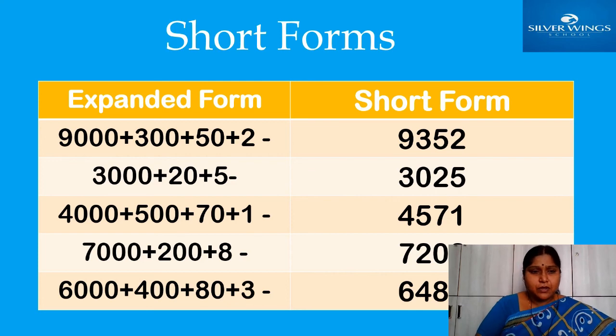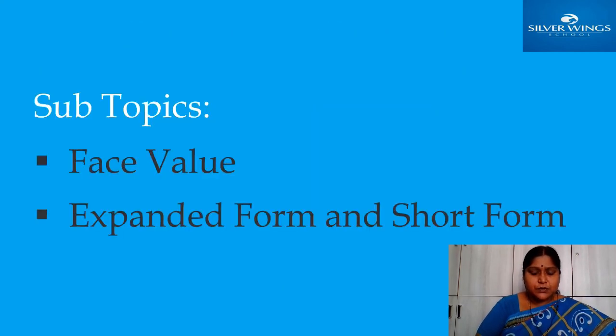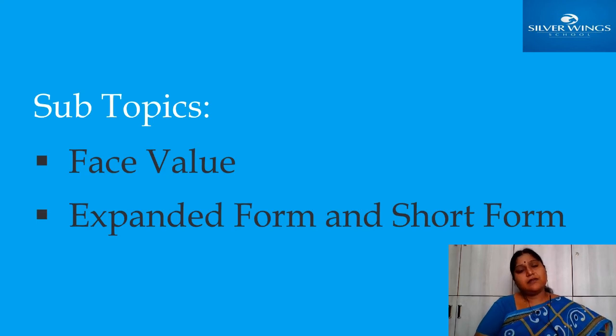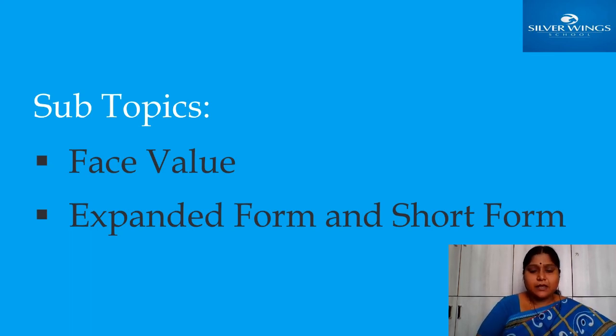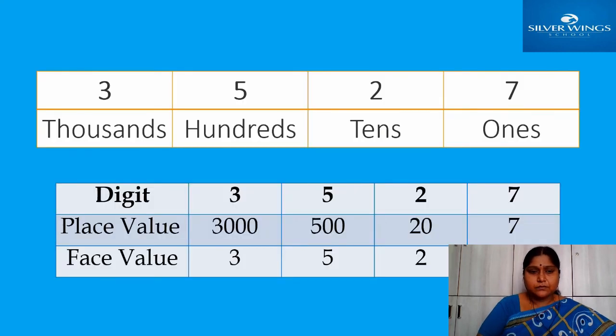Once again I will show you today's topics. Observe the screen. Today we learned, already we discussed, about place values and face values of the digits in the given number, and expanded forms and short forms. See here, observe the screen.